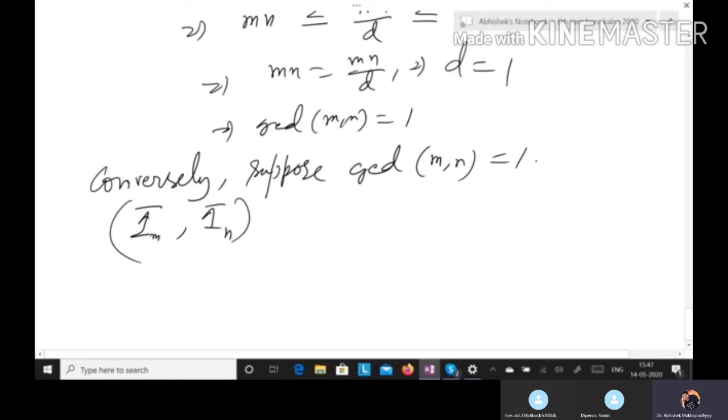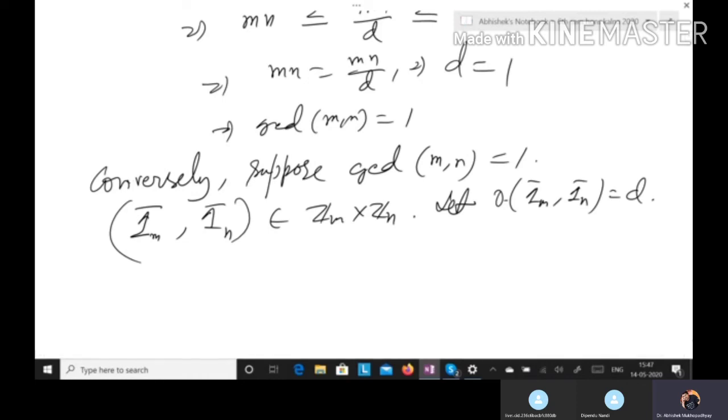Then let its order be D. So our goal is to show that this D is Mn, which proves that Zm cross Zn consists of an element of order Mn, which is the order of the group. So this will prove that Zm cross Zn is cyclic.